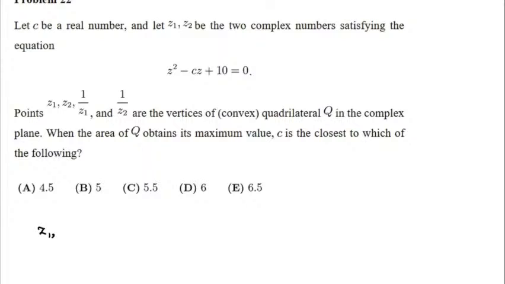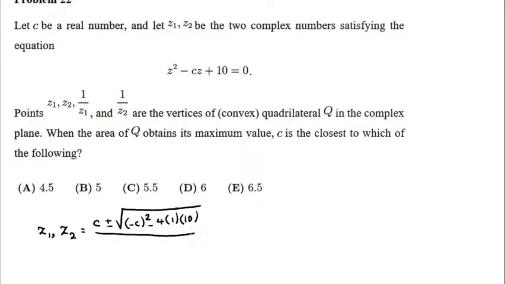z1, z2 are roots of this quadratic equation. So if we use the quadratic formula, it will be negative b, which will be c, plus or minus the square root of negative c squared minus 4 times 1 times 10, all over 2a, which is 2 times 1.